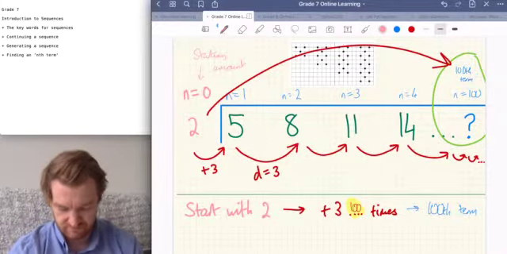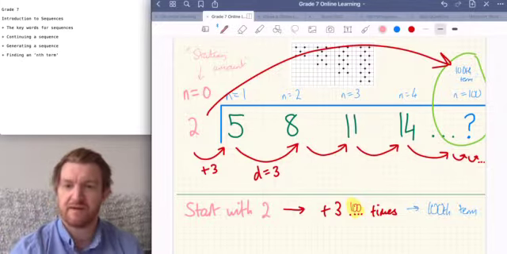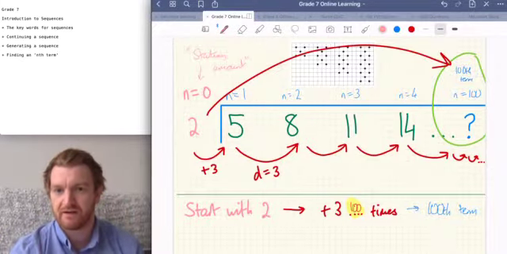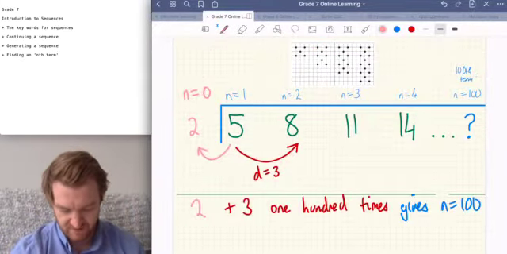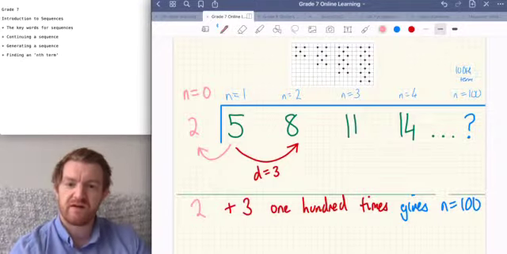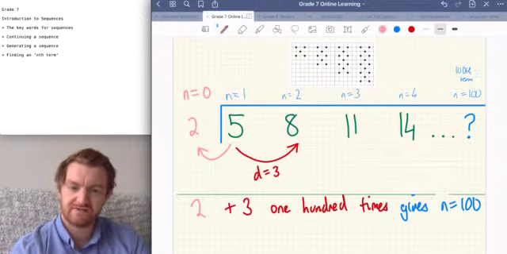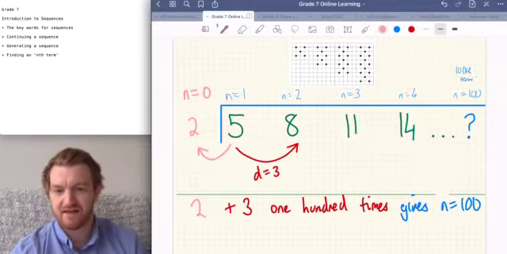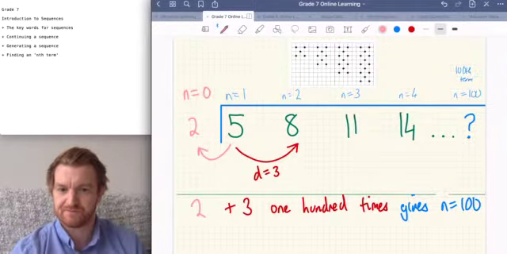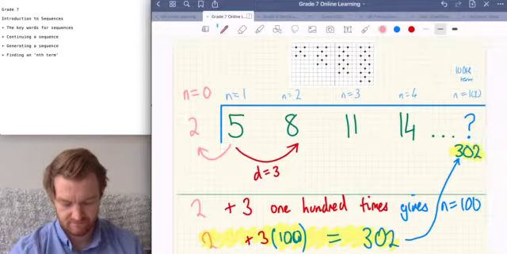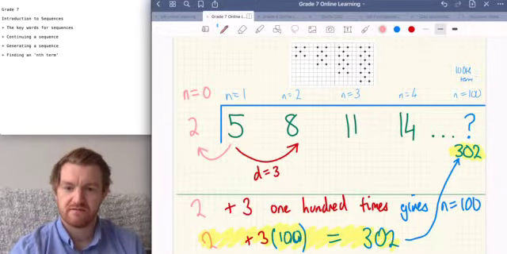It's not literally our starting amount, but if you think of it metaphorically like that, it will help. So, to put it numerically, we did 2 plus 3 100 times to give us n equals 100. So we could say 2 plus 3 100 times is 2 plus 300, which would give us 302.